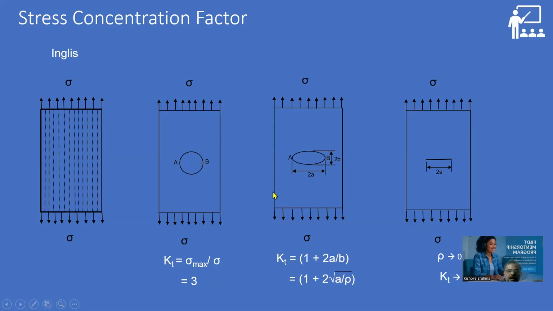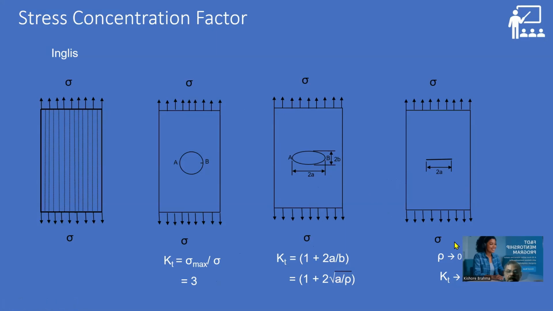Now, if you consider the discontinuity in the form of an ellipse with major axis 2a and minor axis 2b, then the stress concentration factor is given by 1 plus 2a by b, or 1 plus 2 square root of a by rho, where rho is the radius of curvature. One can imagine a crack by collapsing the ellipse so that the minor axis 2b equals 0.